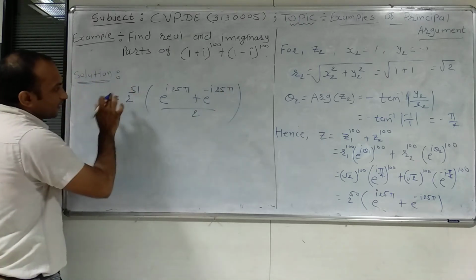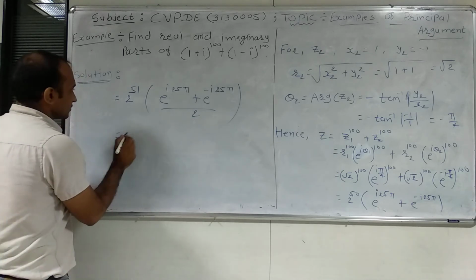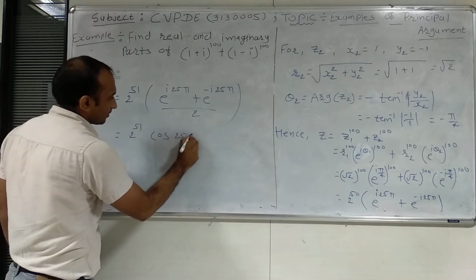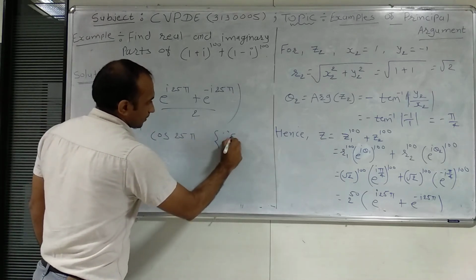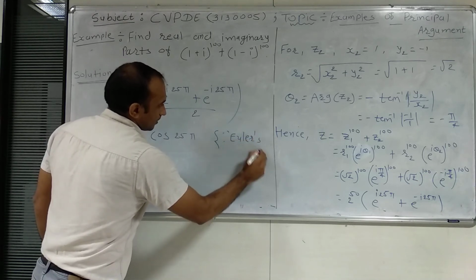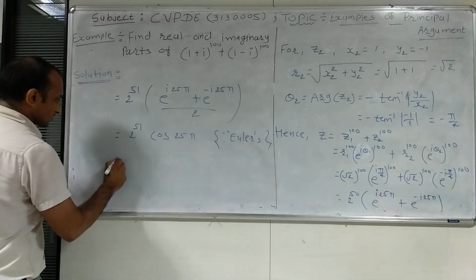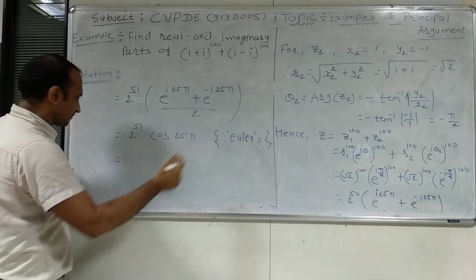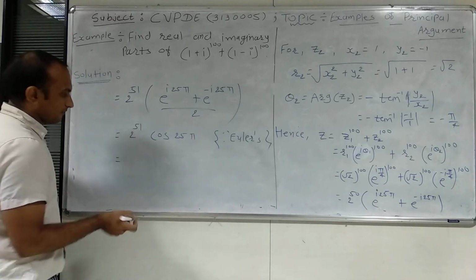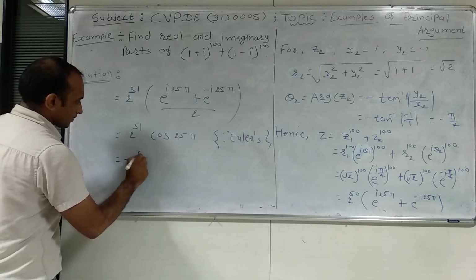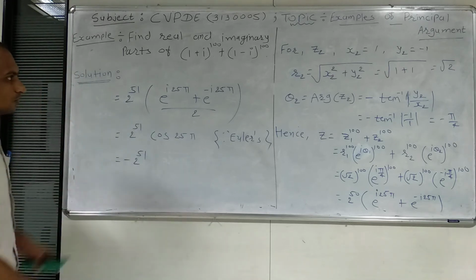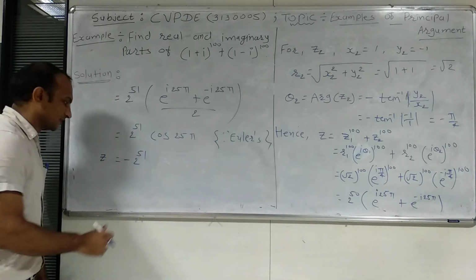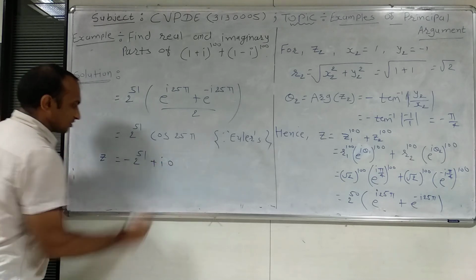That means we multiply with 2 here and divide by 2 here. So we get 2 raised to 51 cos of 25 pi, because of Euler's method. Okay. Now cos 25 pi, it's cos pi, because 24 pi plus pi, so cos pi, and it's a negative value, so minus 2 raised to 51. Okay, so z equal to minus 2 raised to 51, and here the imaginary part does not exist, that means it's plus i 0.